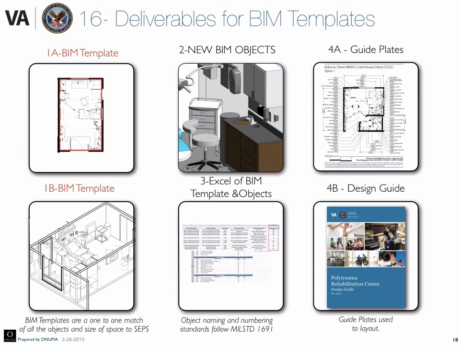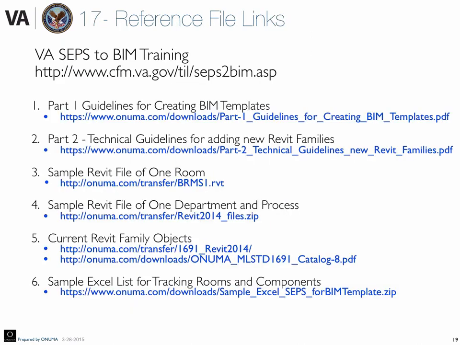There's no change in that. We still do need the design guide, the guide plates delivered back as PDFs to VA, but the recommendation here is if you're using BIM, this should make the guide plate creation a lot smoother because you don't have to search for objects and the data is all there. So we're asking for BIM to be used to generate all these deliverables.